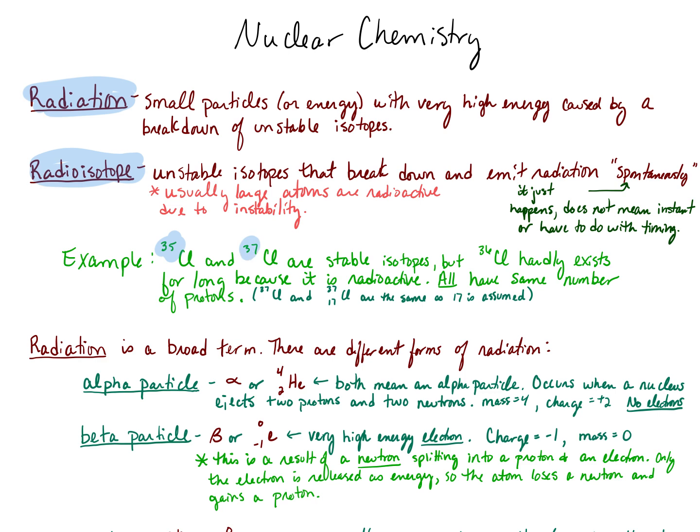However, the one in between, 36, hardly exists for long because it's radioactive. All of those have the same number of protons. We're not talking about different numbers of electrons. We're talking about different numbers of neutrons, okay? That's what can make something unstable.